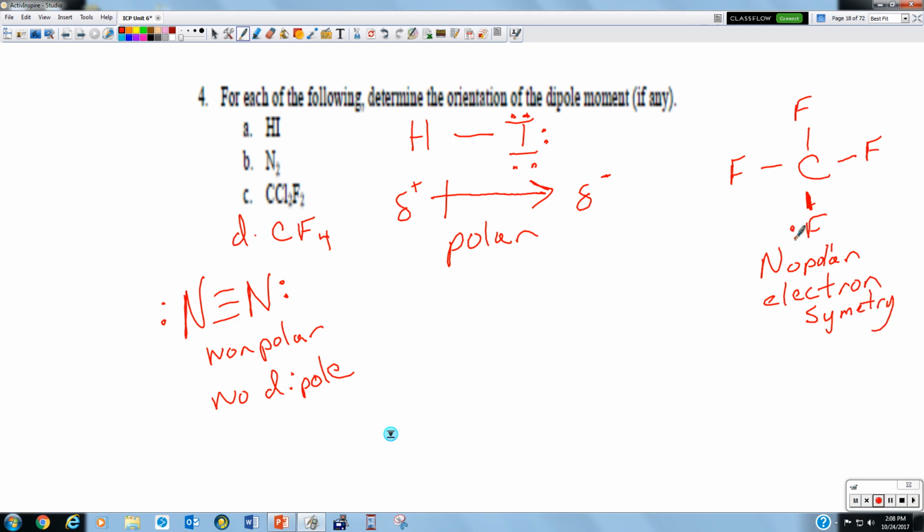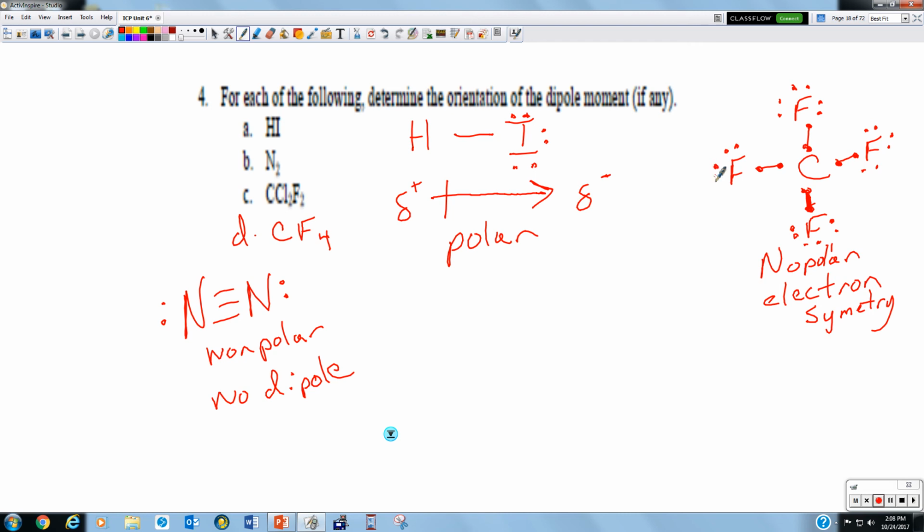So looking at this, again, each one of these would have 6 dots around it. I was just being lazy, because one of them is the line. Each of these lines represents 2 electrons. All right.